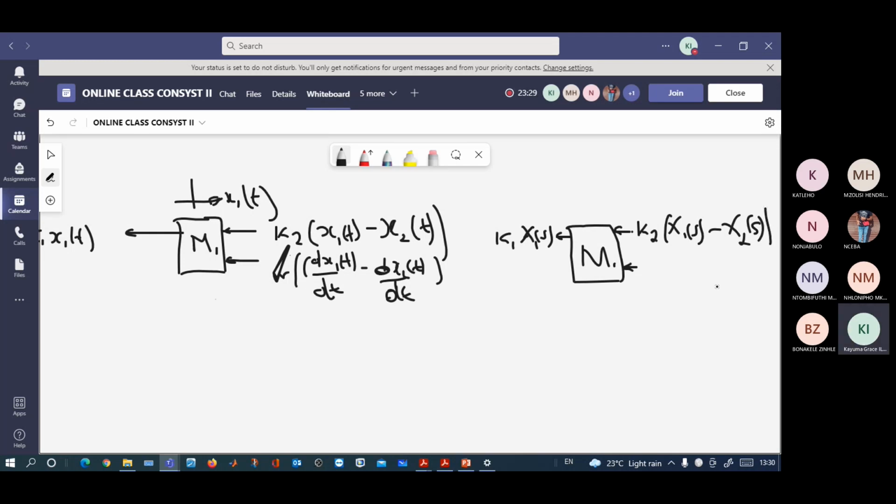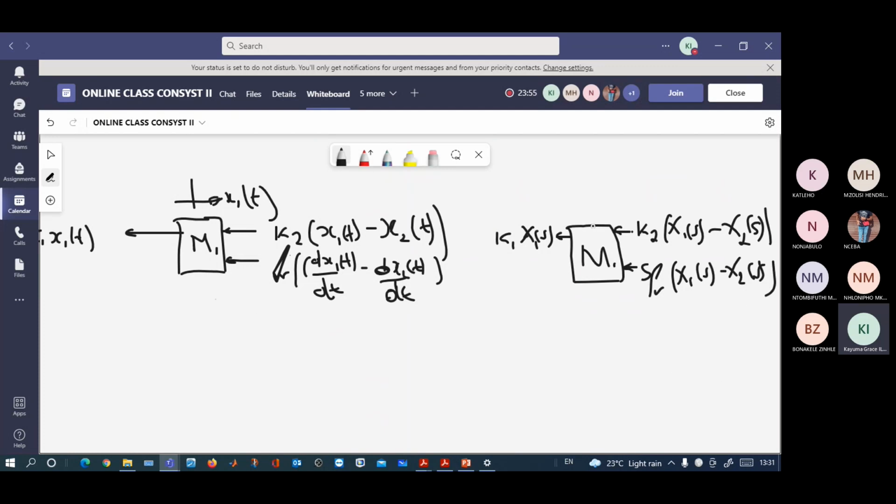We can close the brackets, and this one is going to be s FV, open x1 s minus x2 s. Okay, so we can close this one also.